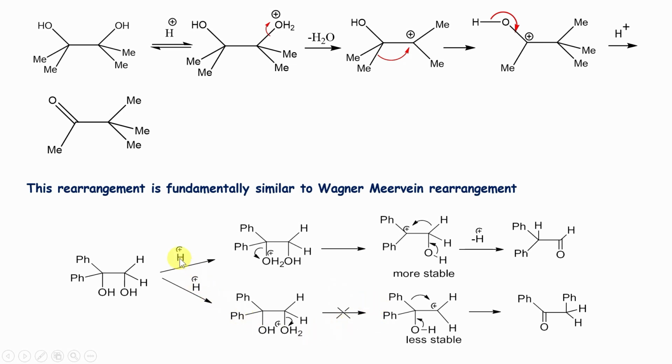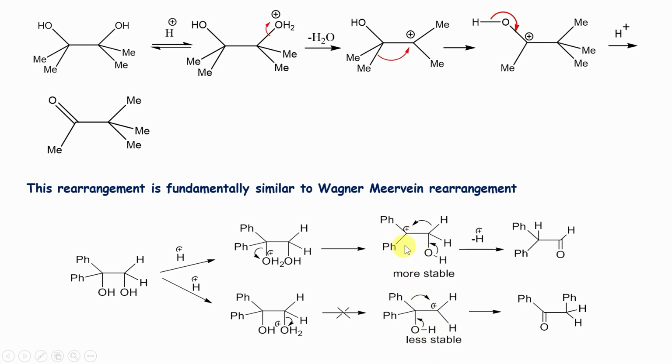But if proton attack takes place on this OH group, whereby this protonated pinacol is obtained, and by the elimination of a water molecule, we form this tertiary carbocation. This one is a primary carbocation, while this is a tertiary carbocation.